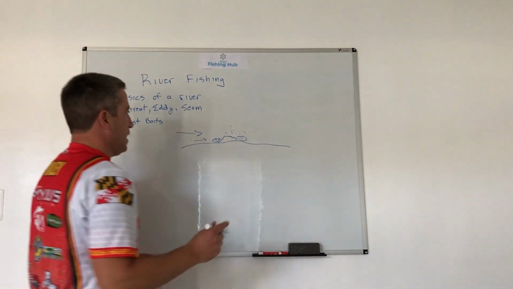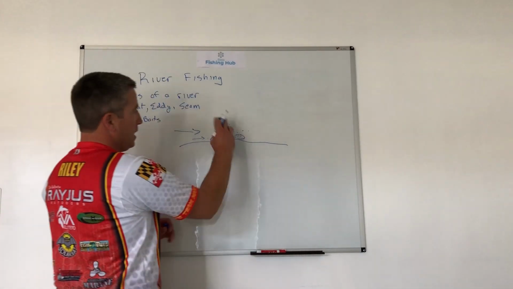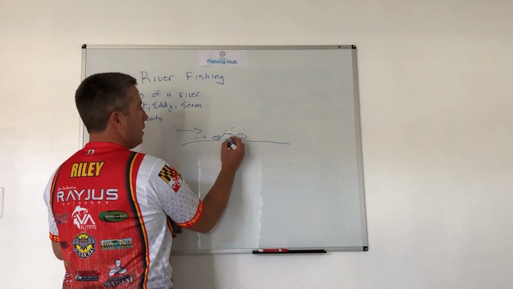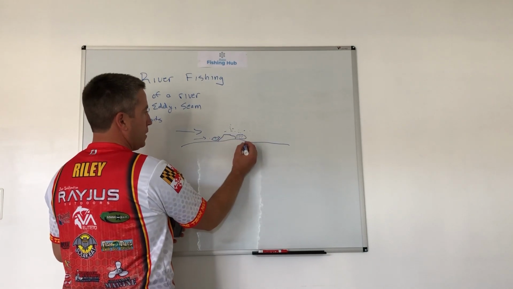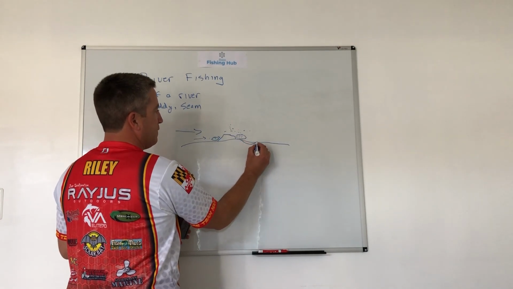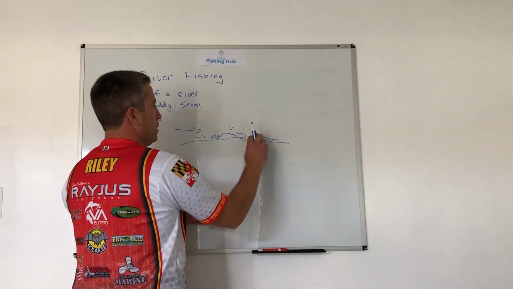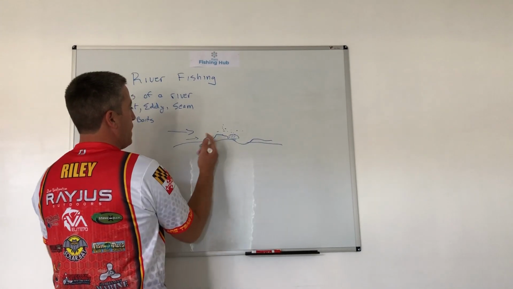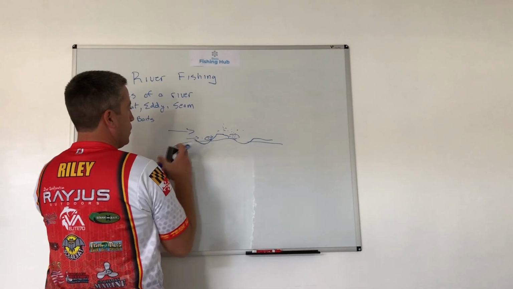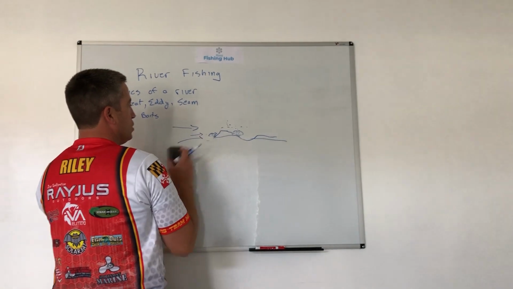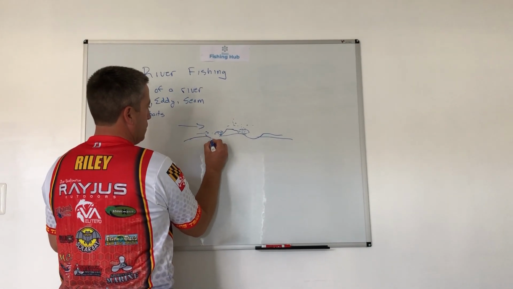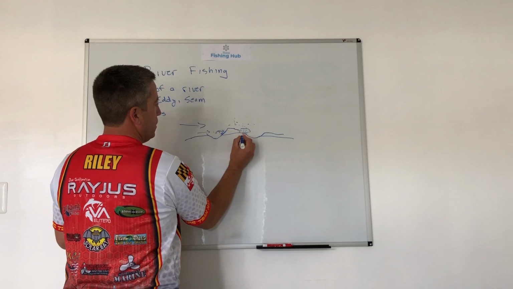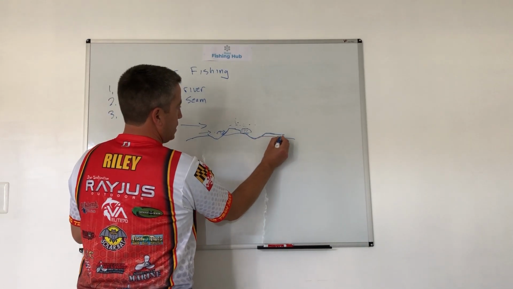Another thing to mention is that when you get a rock like this, or any sort of current break, there's generally always a divot in the bottom on the front and back side, because of the way the current rolls. If that's our bottom, it goes down and then comes up, and then goes down again and comes back up.